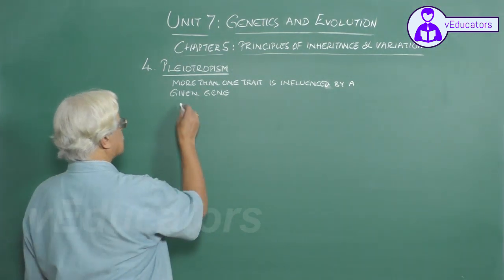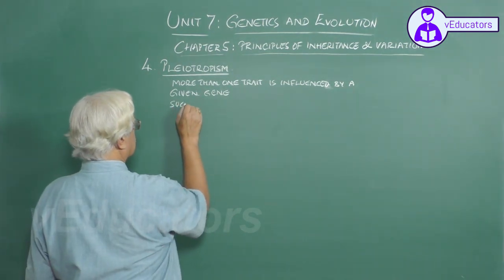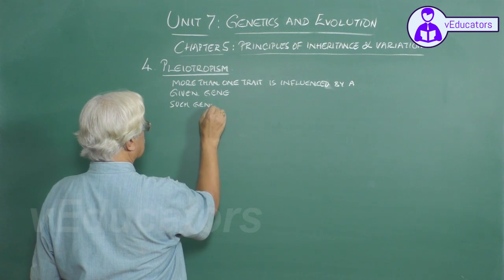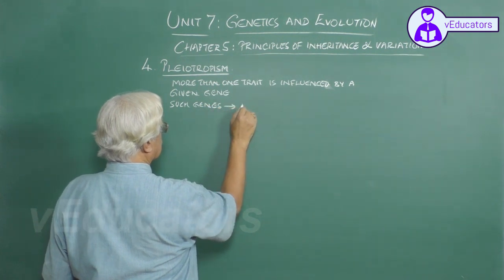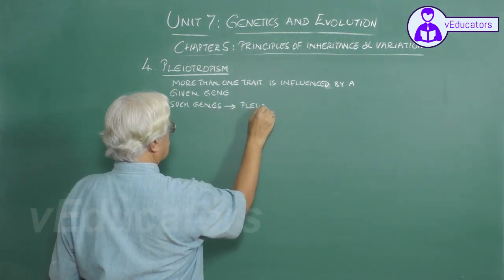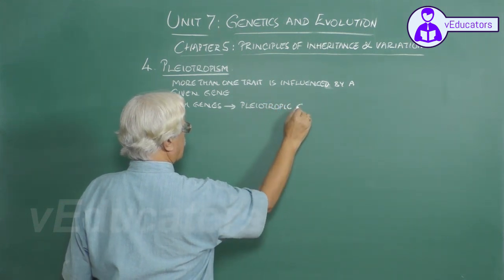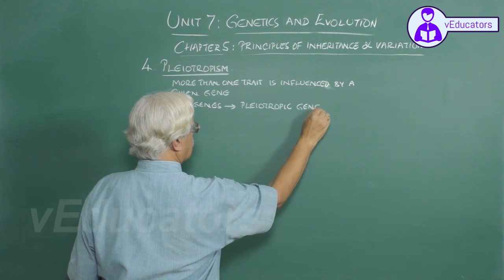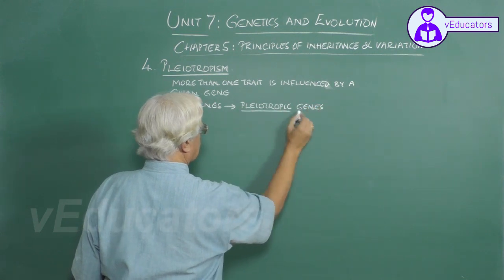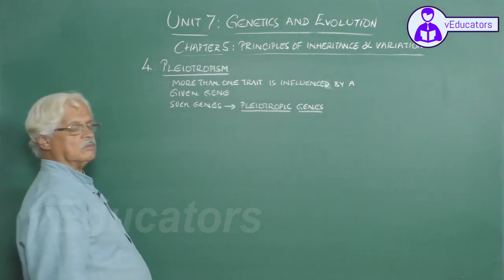So such genes are called pleiotropic genes.